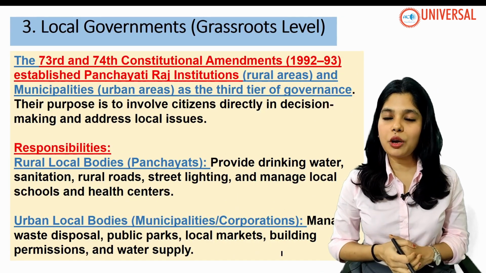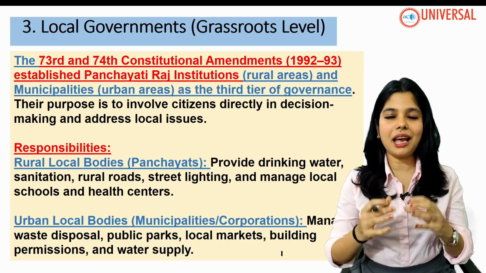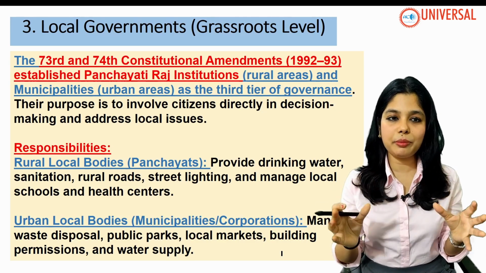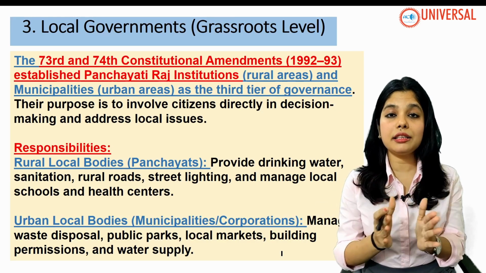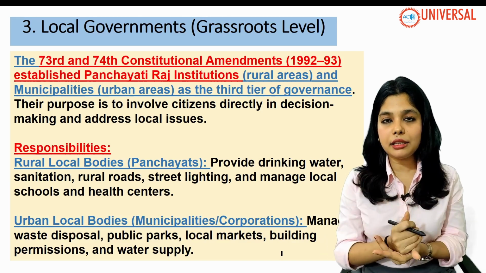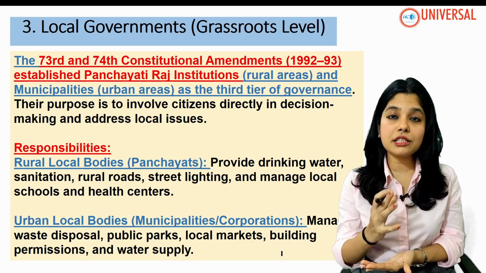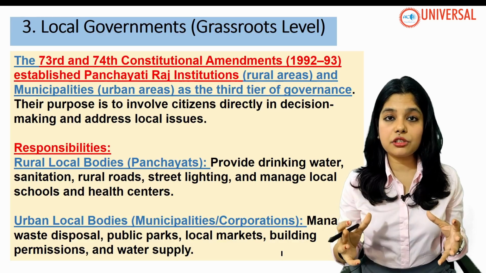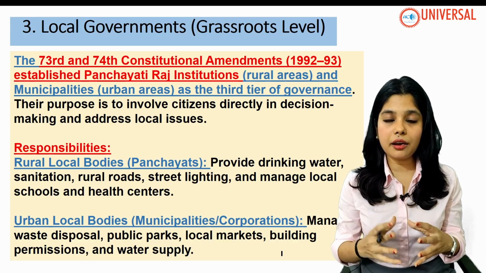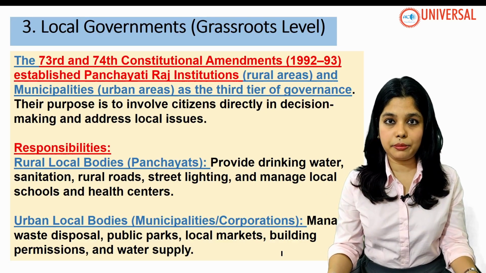Okay. So now let's talk about the local government, that is the grassroot government, with which our Gandhian principles are also there. Gandhiji always vouched for the village economy, making our villages sustainable, self-reliant, self-dependent.